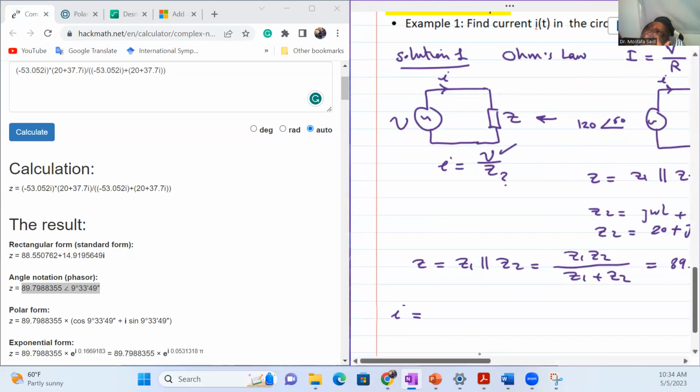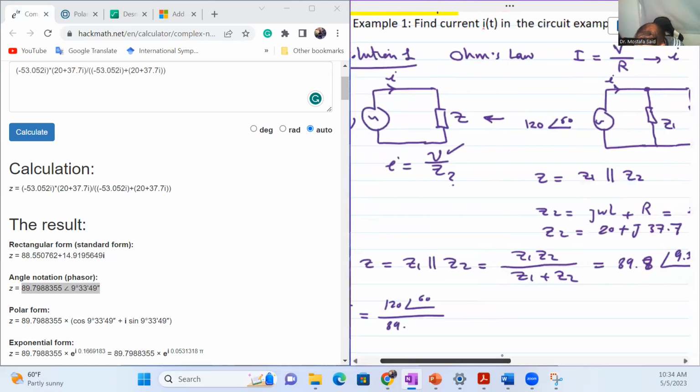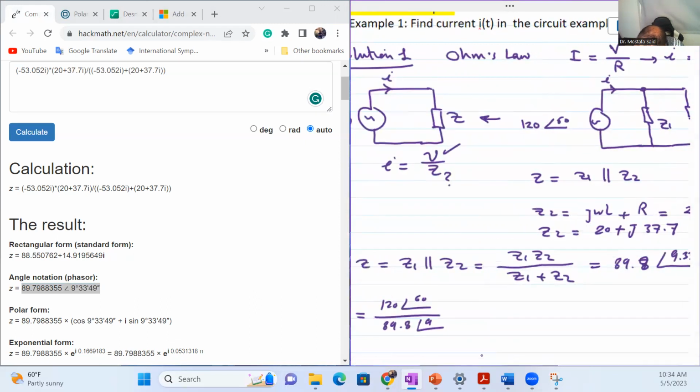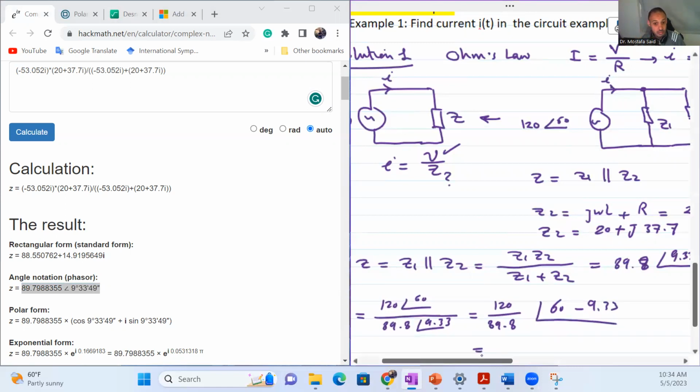Now I equals V, which is 120 angle 60, divided by 89.8 angle 9.33. Okay, how do we do that? That's very simple. 120 divided by 89.8, and the angle will be 60 minus 9.33. Desmos.